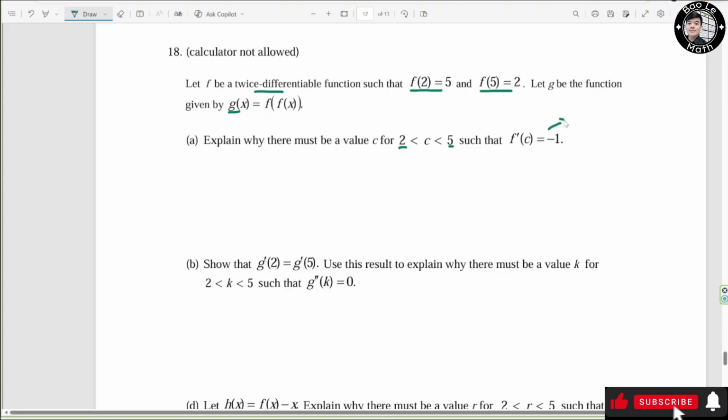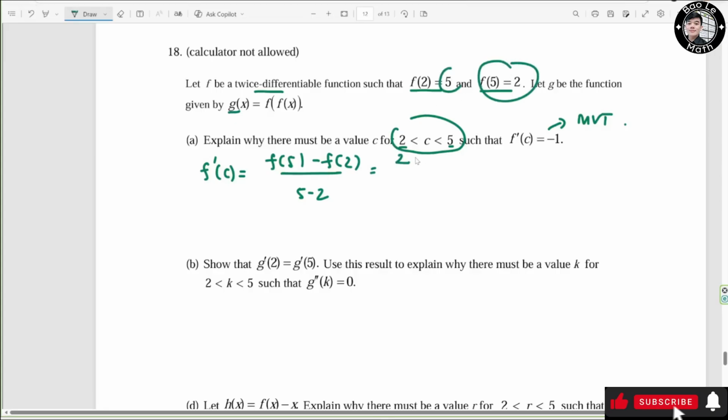Alright, so this one implies the mean value theorem, right? So we need to calculate f prime of c, which is going to be f of 5 minus f of 2 over 5 minus 2. f of 5 equals 2 and f of 2 equals 5, so it's negative 3 over 3, so it could be negative 1, right?